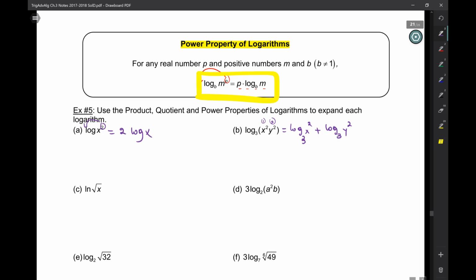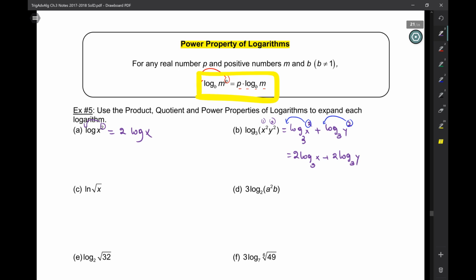And now you scan and you ask yourself, are there any exponents? There sure are. There is a 2. There is a 2. They each come down. 2 log base 3 of x plus 2 log base 3 of y. And we're done. Okay? That's all. Power property of logarithms.